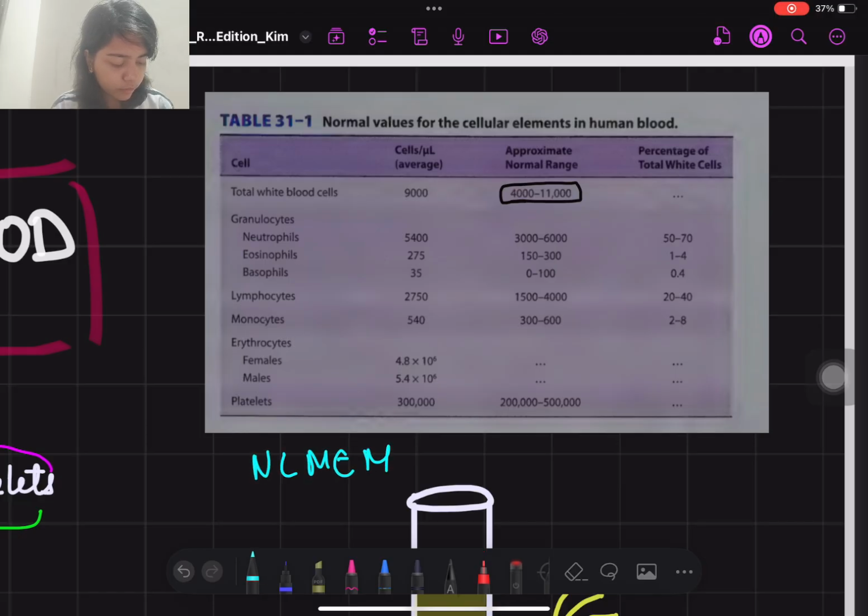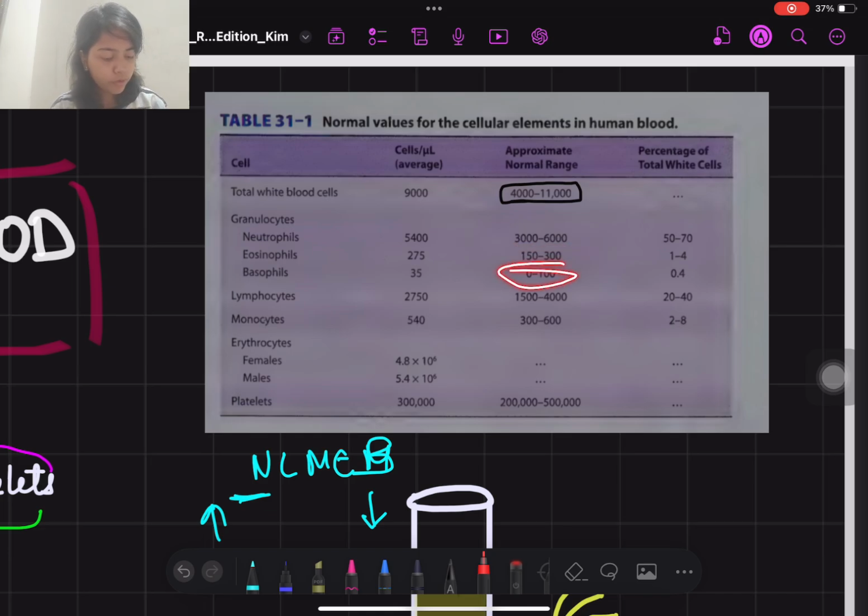So N is the maximum and basophil is the minimum. So neutrophils is 3000 to 6000. Then what? Lymphocyte, so 1500 to 4000. Then monocyte 300 to 600. Eosinophil 150 to 300 and basophil is 0 to 100.